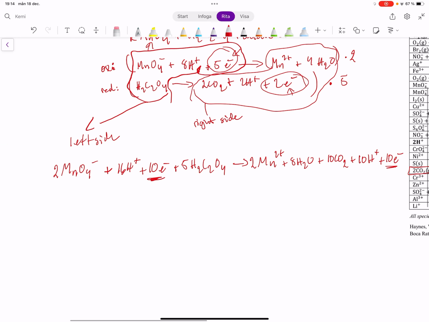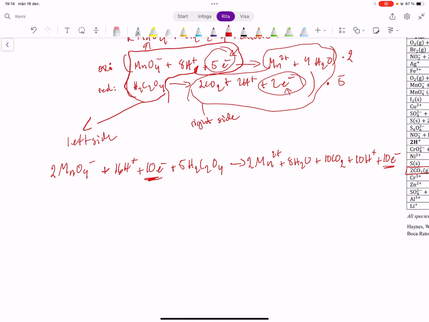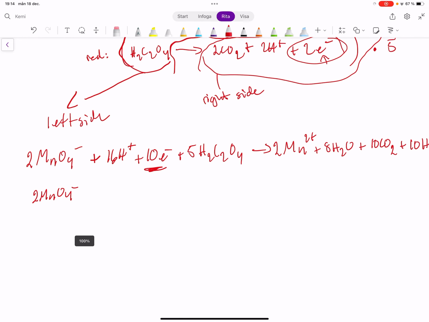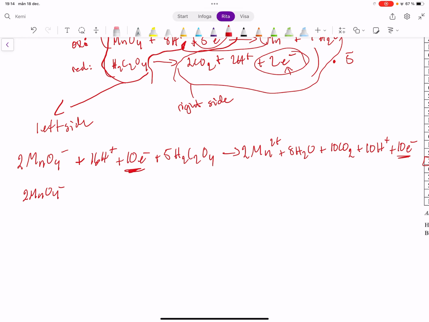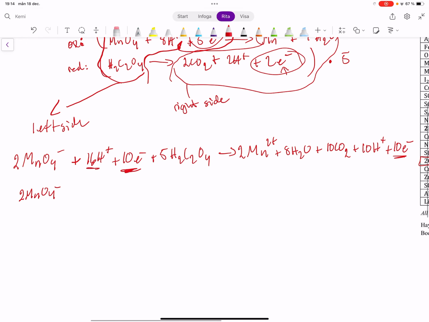So now we just have to make this reaction shorter. You write 2MnO4 minus. Then you have 16 H's here, and you have 10 H's here, so these will cancel out, and you will have 6 hydrogen left. So plus 6 hydrogen, and these ones you just strike out.